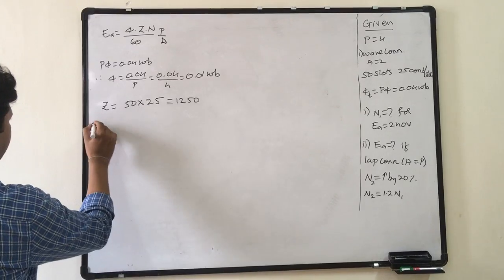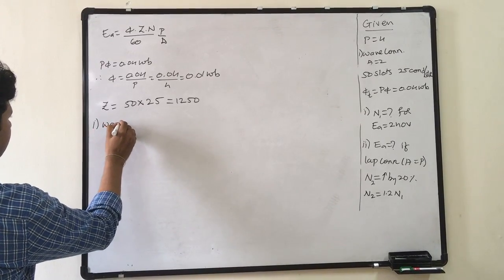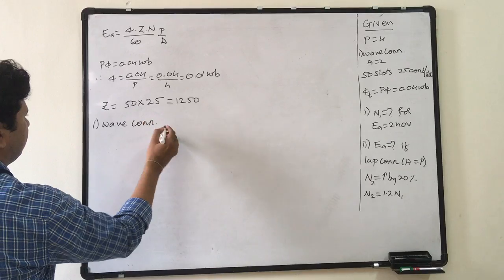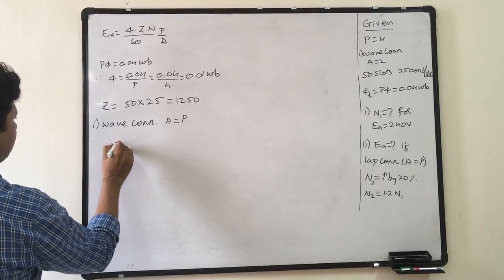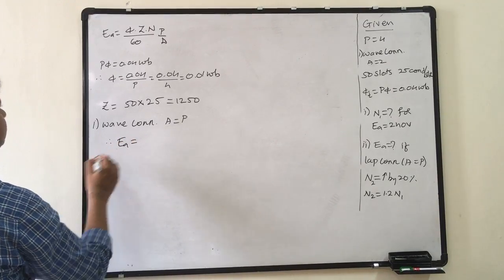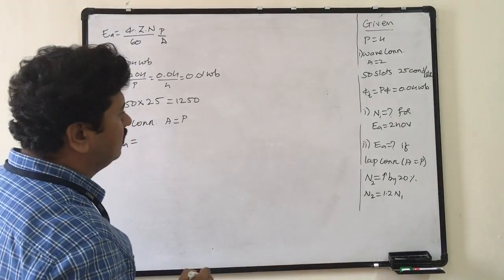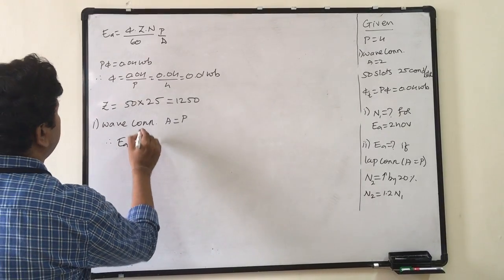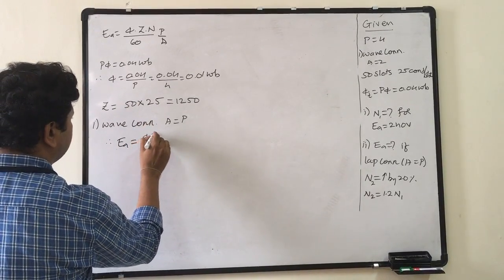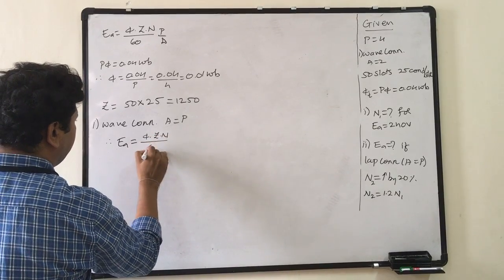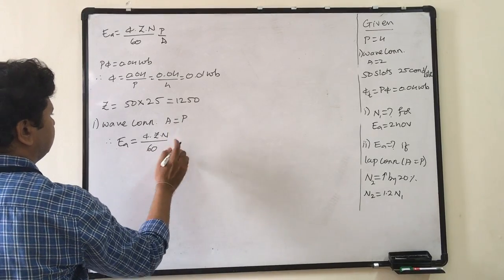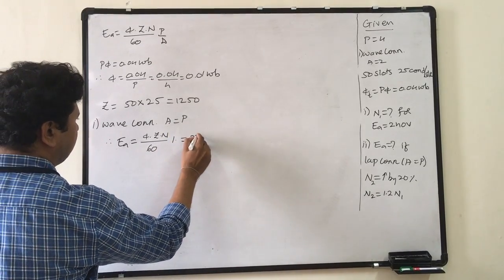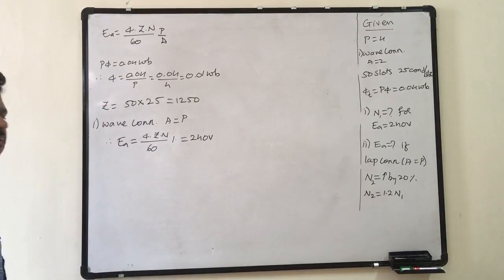So first case, wave connected, A is equals to P. Therefore EA is equals to phi Z N by 60 into 1, and this is equals to 240 volts. EMF is given, I need to find the speed here.